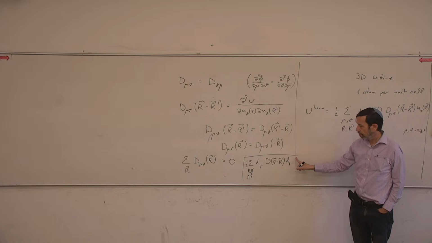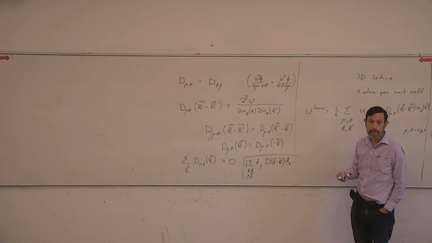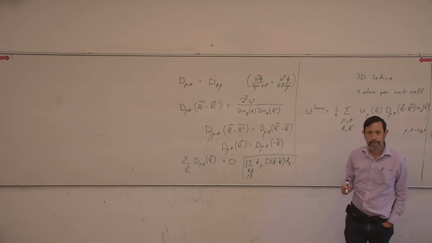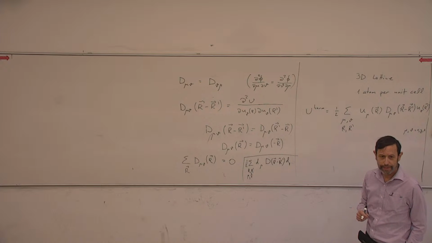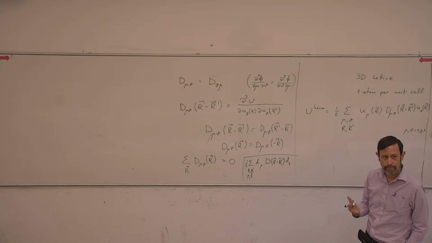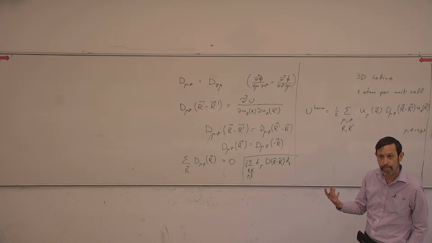What is the displacement in this case? Just a vector of 3 components. What does it mean? If I move each atom at each lattice point by a constant vector, what does it mean? Nothing happens, because nothing changes.